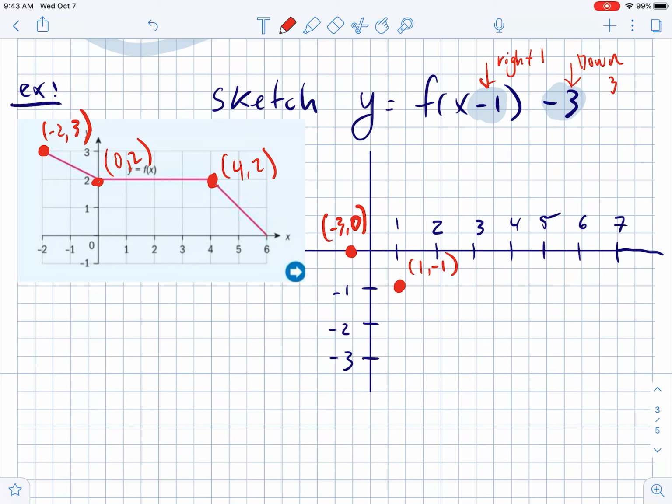Next point up, 4, 2. To the right 1 makes it 5, down 3 makes it negative 1. So that would be 5, negative 1. Last one is 6, 0. To the right 1 would make it 7, and then down 3 makes it 7, negative 3.